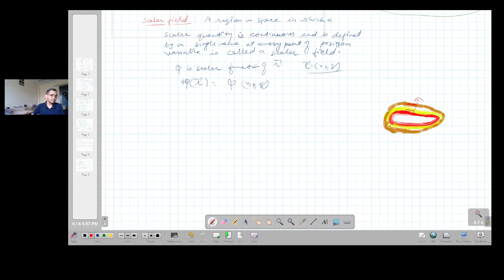So let us try to understand the temperature field around a heated metal rod. Consider a metal rod which is heated.